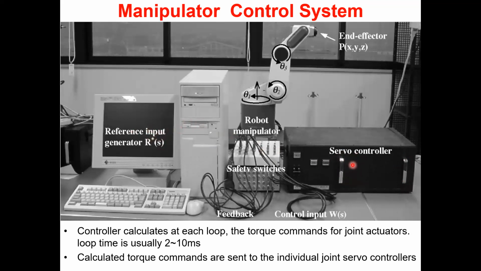And it's a feedback loop. And in the feedback loop, you know there's a reference. This is the reference, the first one, the reference angle for joint 1. And it keeps it there for 10 milliseconds. So when the 10 milliseconds elapsed, it gets the second reference angle from the reference input generator. Okay, so that is how it goes.